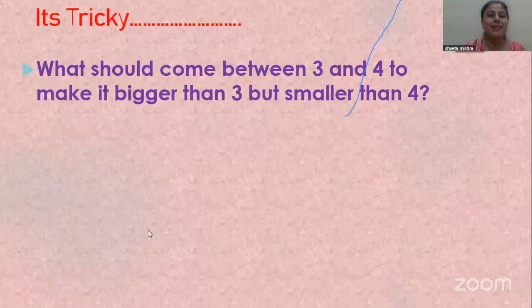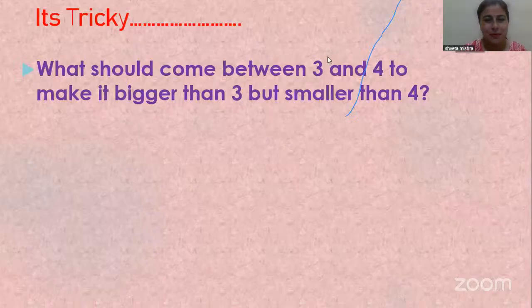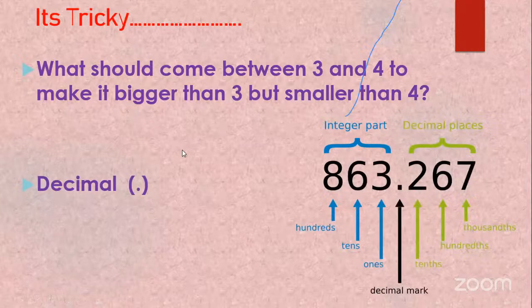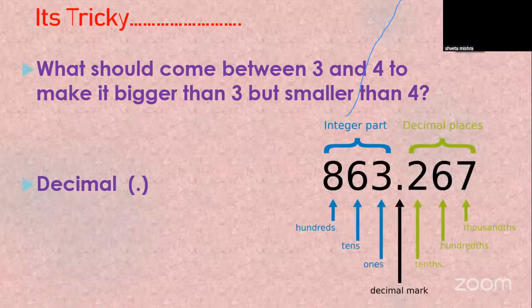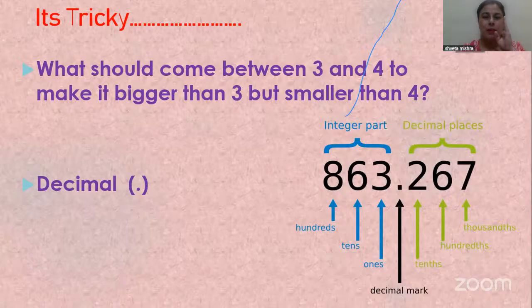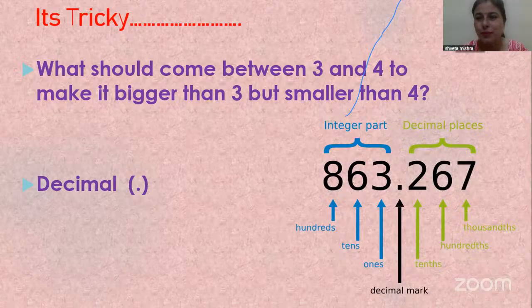Decimal. Fantastic, ma'am. This is a very interesting answer, Debosmita ma'am, and it is definitely the decimal. Yes, a fraction number and decimal. When we place 3 and 4 together and put a decimal in between, it becomes 3.4, which is more than 3 but less than 4.